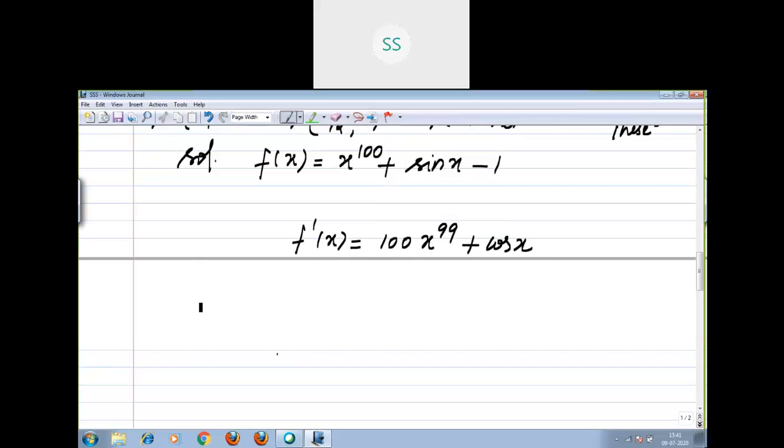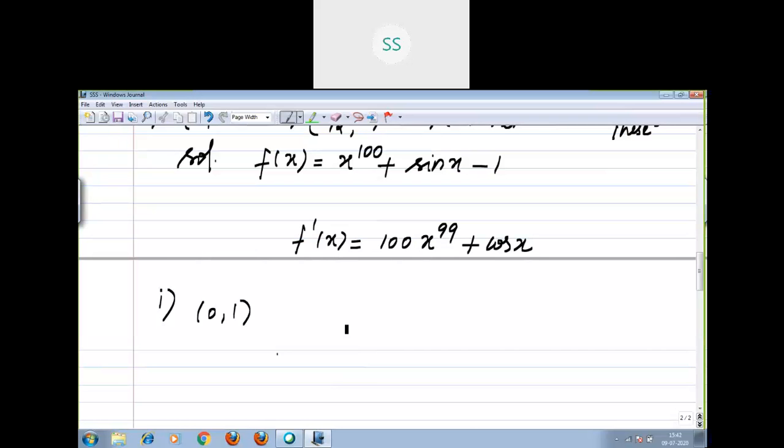Now we'll pass on to the first subdivision. What interval is given? The open interval 0 comma 1. In that interval, you know cos x is greater than 0, right? If you give any in-between value, definitely it is greater than 0. 100 into x power 99 is also positive.